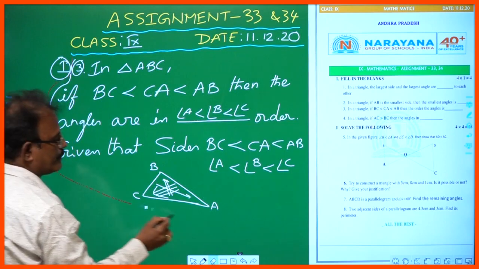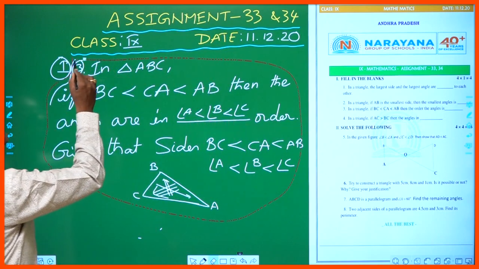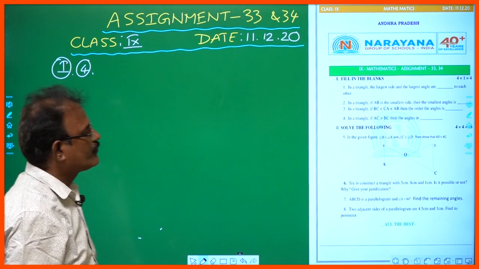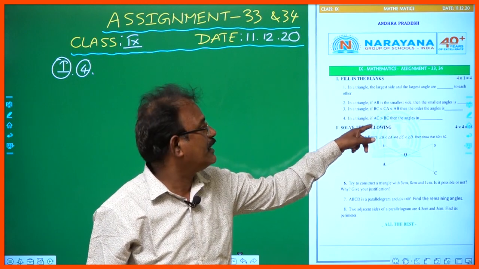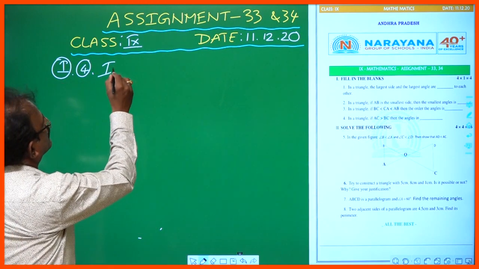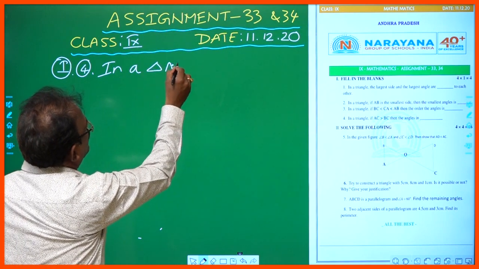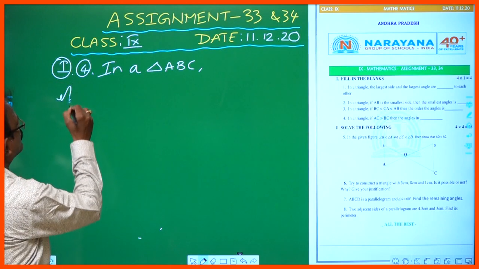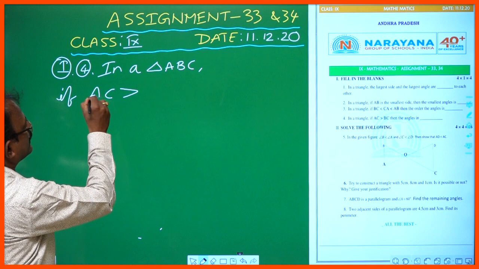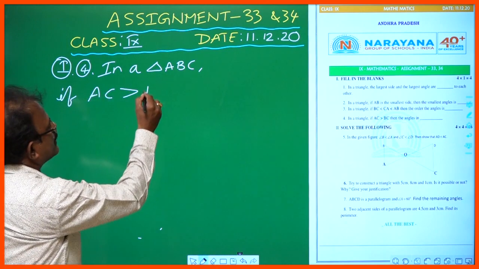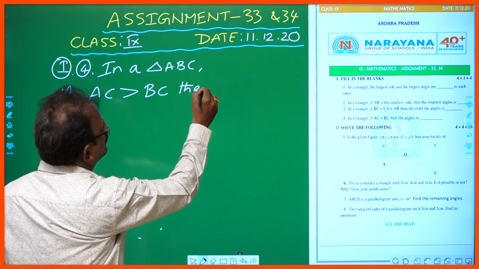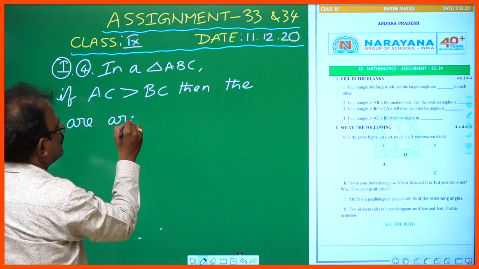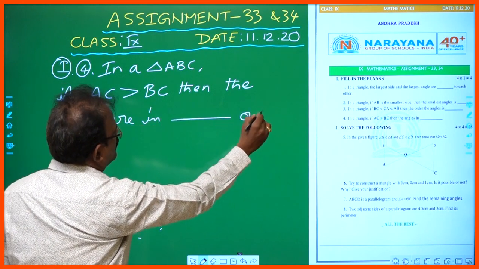Question number 4. You see here, in triangle ABC, if AC greater than BC, then the angles are in dash order.